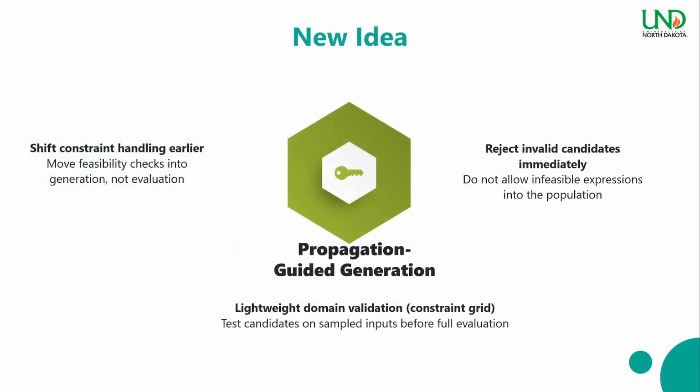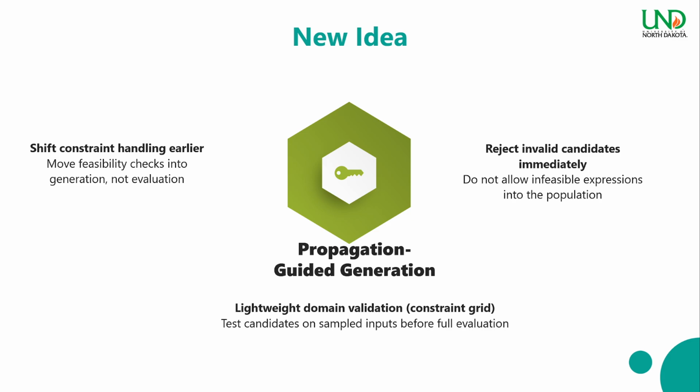So what are we going to do about that? Instead of handling those constraints after the candidates are generated, far down the process, we'll move that check earlier into the generation process itself. When a new candidate expression is created through mutation and crossover, we don't jump into evaluation for fitness. What we're going to do first is check for validity.